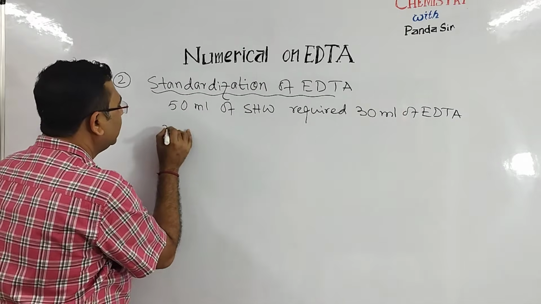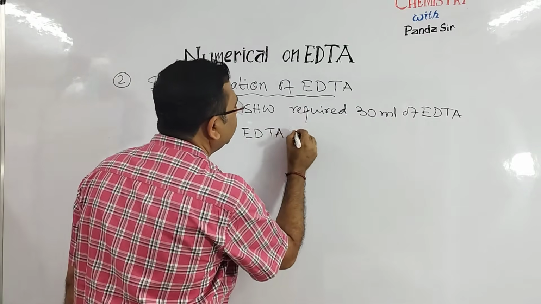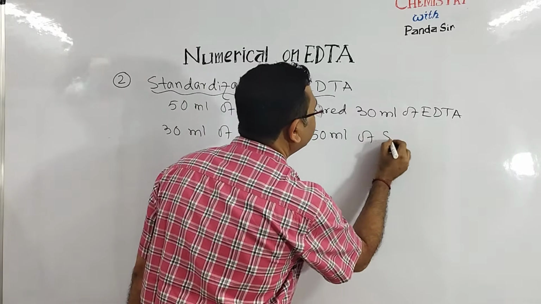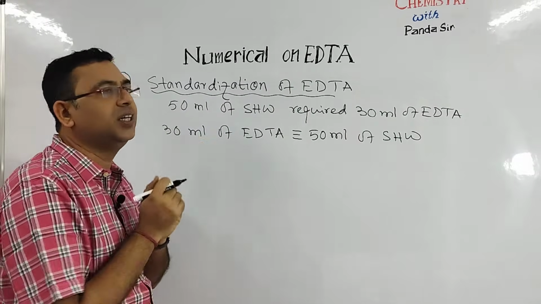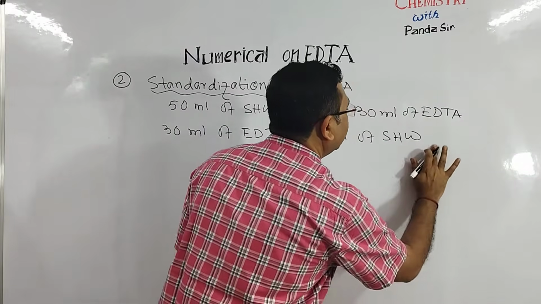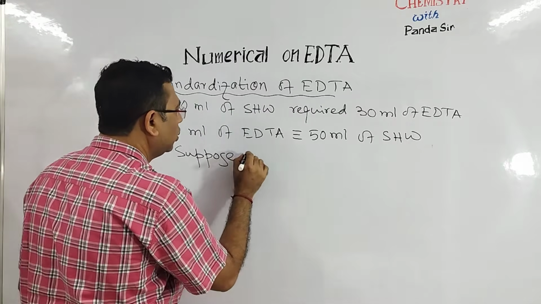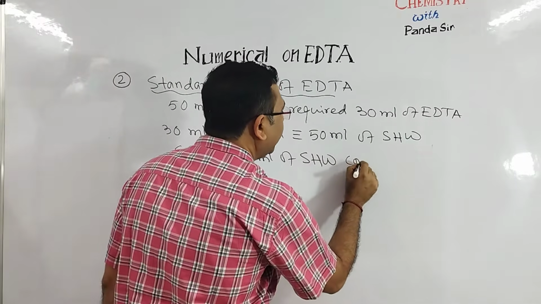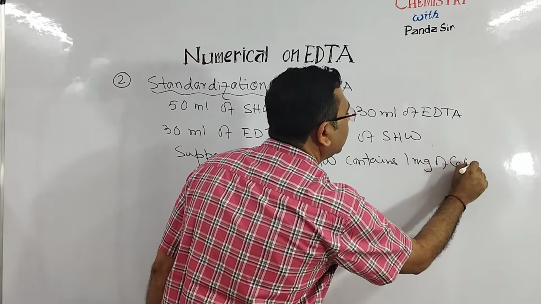So can I write that 30 ml of EDTA is equivalent to 50 ml of standard hard water. Now suppose 1 ml of standard hard water contains 1 milligram of CaCO3.